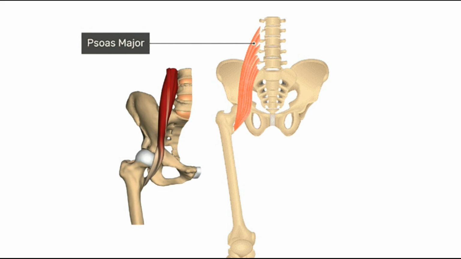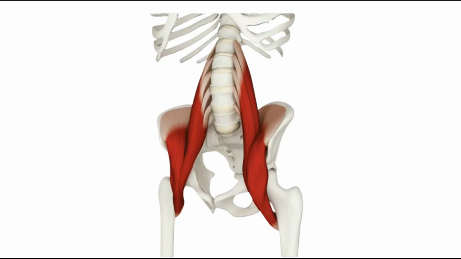Now let's look at the iliacus muscle. In this picture, we're seeing the psoas major and the iliacus muscle together, but we're looking at the iliacus muscle and its origin. The iliacus origin starts where it lies inside of the iliac fossa, which is inside of here, on either side.